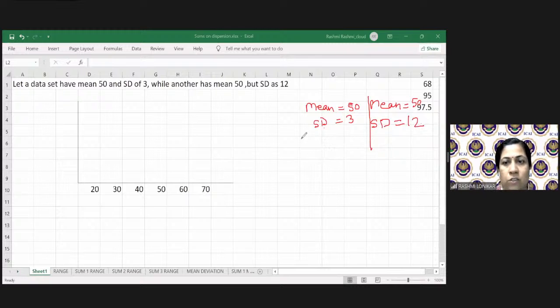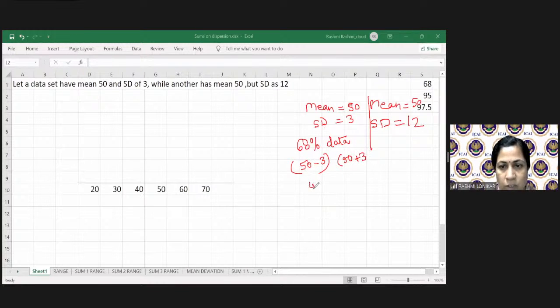What this means is that 68% of our data is going to lie between 50 minus 3 and 50 plus 3. So how much is this?